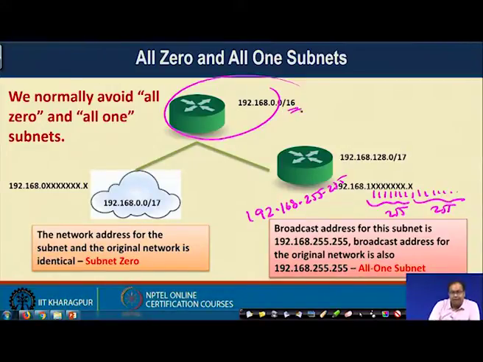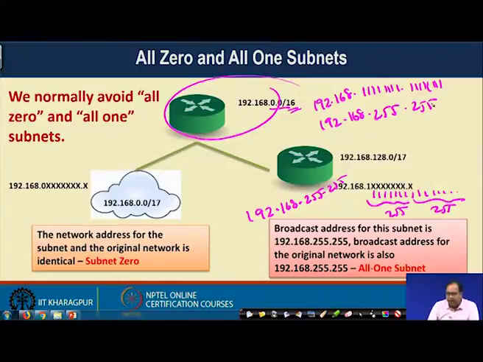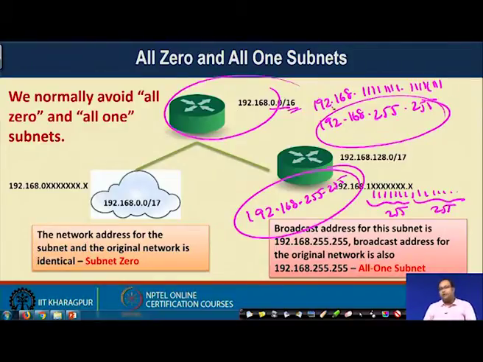Because this is a 16 bit network, I need to make all the host bits 1. So, it is 192.168, then all ones and all ones. So, 192.168.255.255. That means, the broadcast IP for this subnet becomes equal to the broadcast IP of the original network.